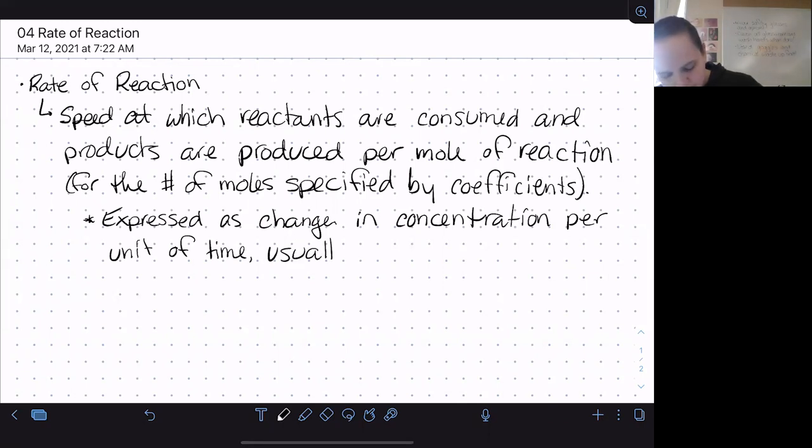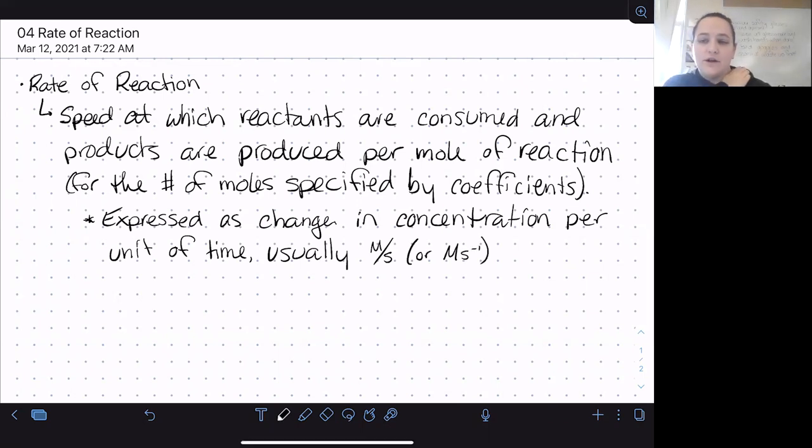Usually, this is going to be molarity per second. So you will sometimes see this written as molarity over seconds, or expressing exactly the same thing, molarity times inverse seconds. So those two labels are equivalent. On the AP exam, this one is probably actually more common, but you will see it expressed either way in the world at large.